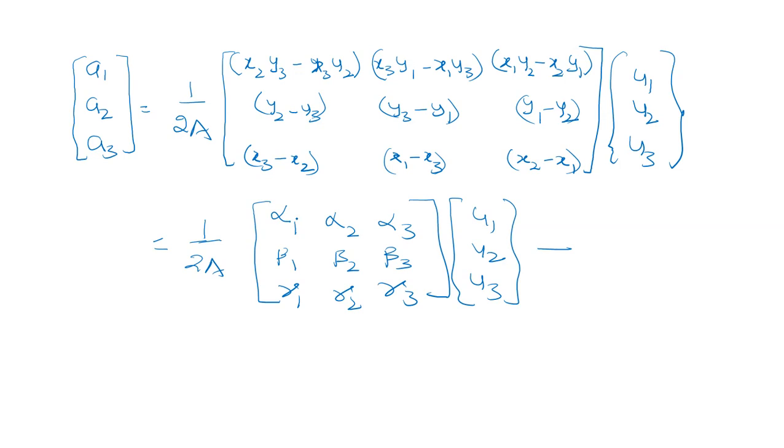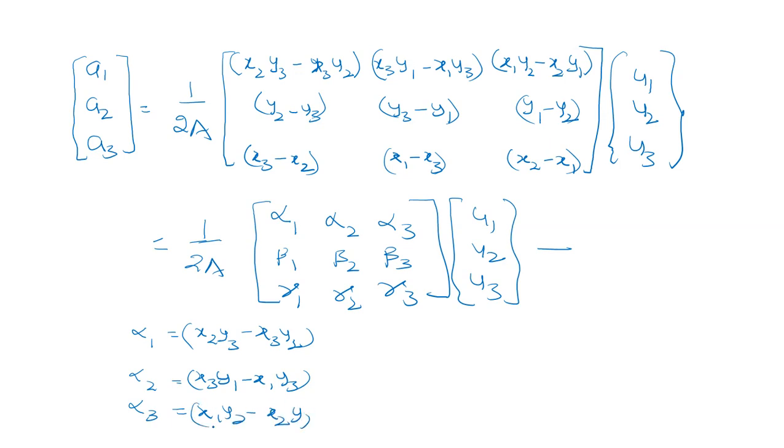Here, what is alpha? Alpha 1 is equal to x2 y3 minus x3 y2. Alpha 2 is x3 y1 minus x1 y3. Alpha 3 is equal to x1 y2 minus x2 y1. These are the individual components of the matrix.